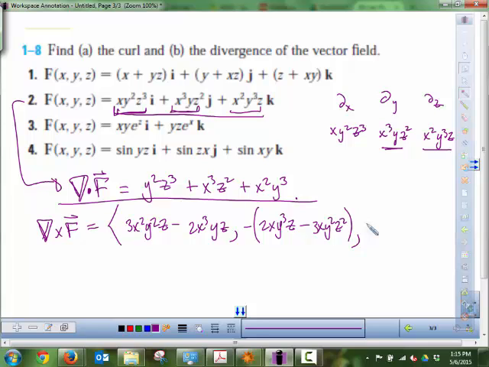My last component is the derivative of the second component with respect to x, that's 3x squared y z squared, minus the derivative of the first component with respect to y, 2x y z cubed. So that's my curl.